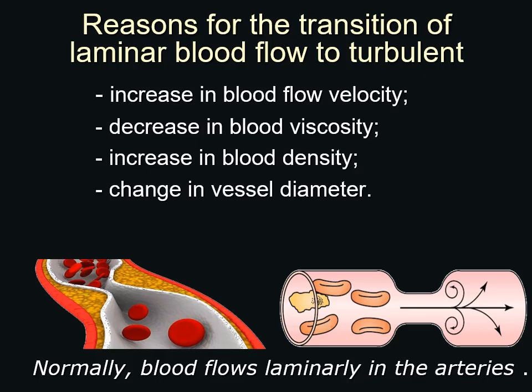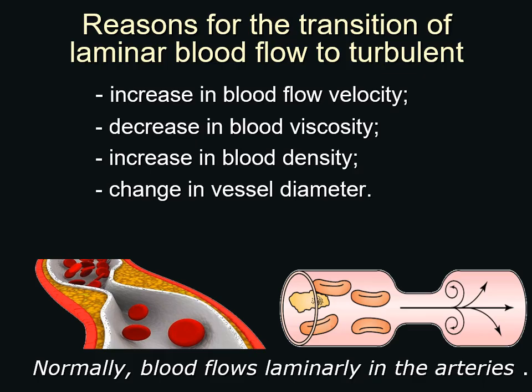One of the most typical reasons for the transition is a change in the diameter of the vessel. Here are two pictures in front of you. In the first picture, the reason for the decrease in the lumen of the vessel is, for example, cholesterol plaques, that is, when the vessel overgrows from the inside.